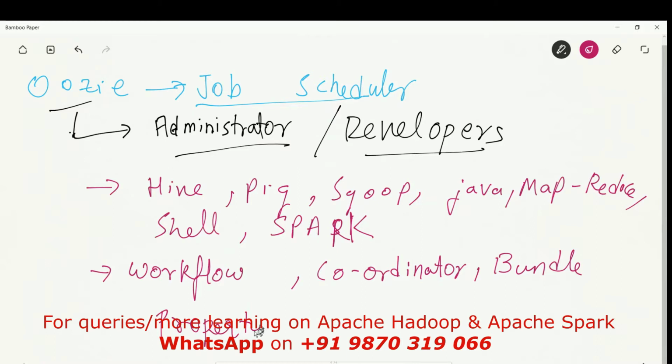These are the four things that you will be studying in today's class: what is a workflow, what is a coordinator, what is a bundle, what is a property file, and how they are used. If you have any experience working with any job scheduler, maybe cron, which is a job scheduler in Unix, it will be an advantage.